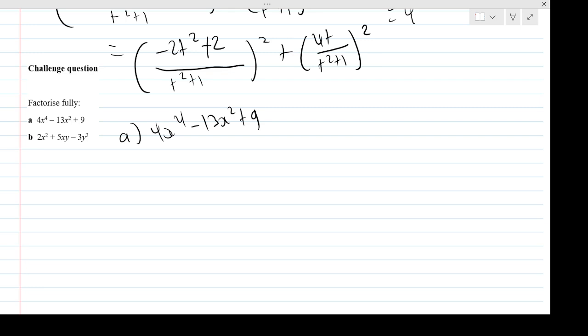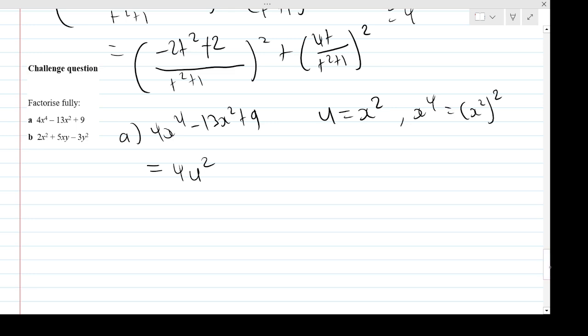But what you should notice is actually this resembles a quadratic, doesn't it? Because if we say that u was x squared, we can transform this into 4u squared. Remember, to get to x to the 4, we can say that's x squared, all squared, right?